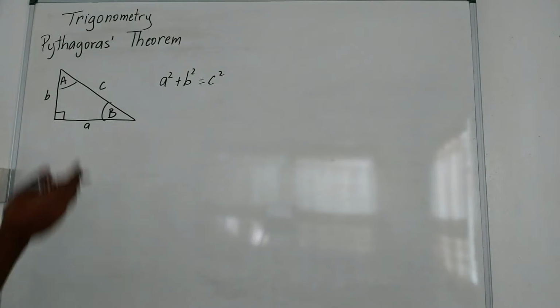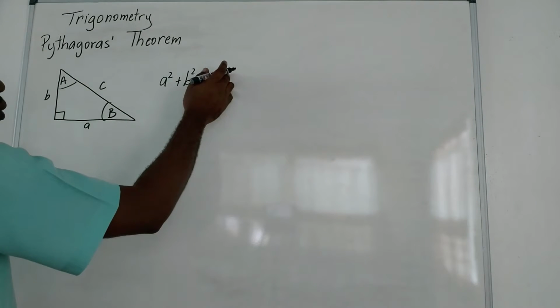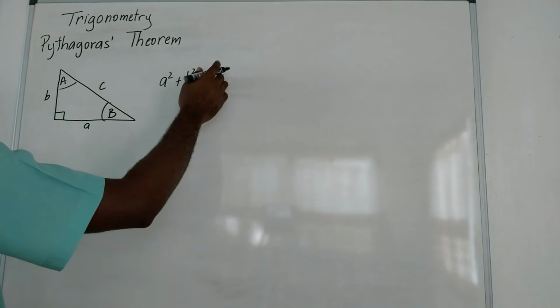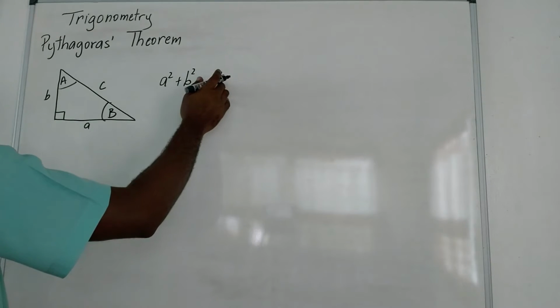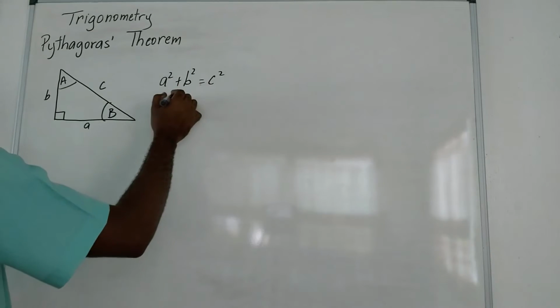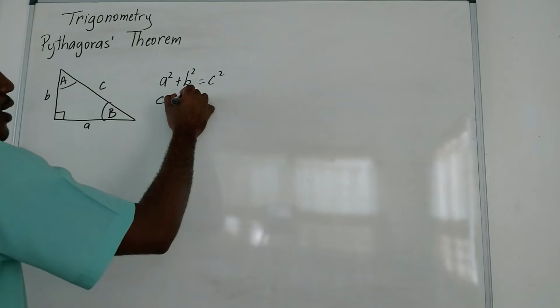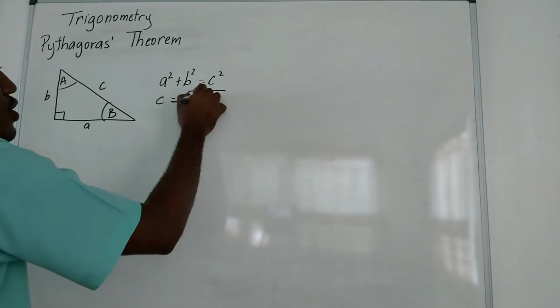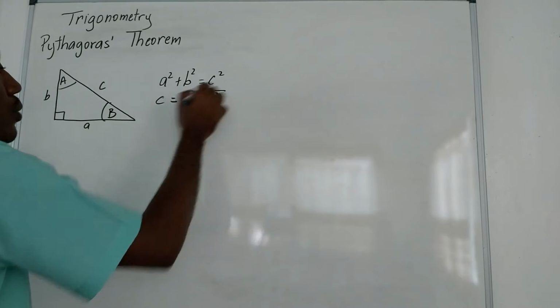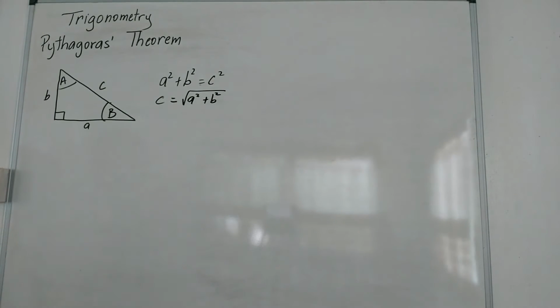So if we want to find the hypotenuse, we just find the square root of c squared. So c will be equal to the square root of a squared plus b squared. And we can use that formula to find the hypotenuse of a right angle triangle.